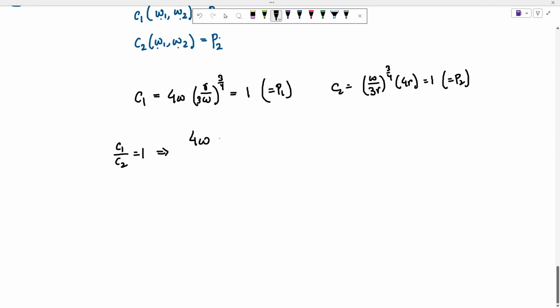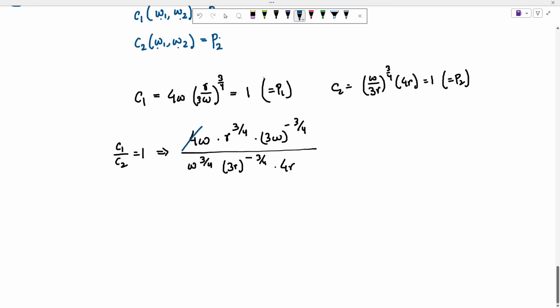We have 4W times R to the power 3 by 4 and 3 omega to the power minus 3 by 4, divided by omega to the power 3 by 4, 3R to the power minus 3 by 4 times 4R. So what things are going to cancel out?